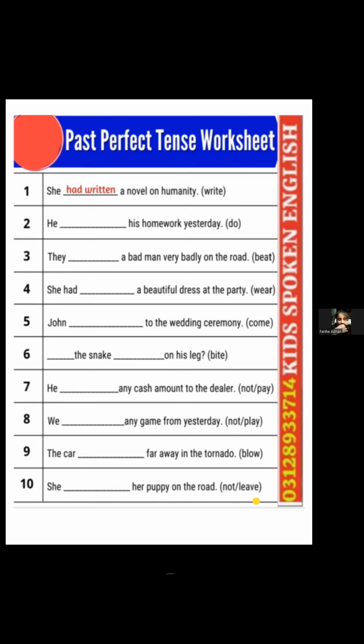Perfect. Okay, so Hafsa, are you there? Hafsa, are you there? I think she has some connectivity issues. So, Muhammad Umar, are you there? Yes, ma'am. Kindly make sentence number 9. The car dash far away in the Toronto. Blow is the option.